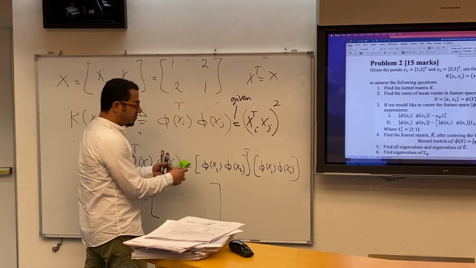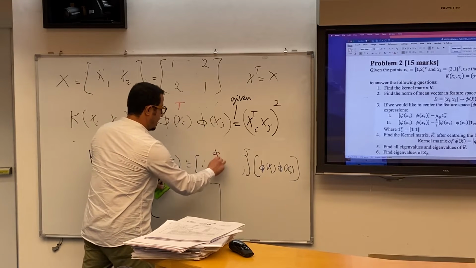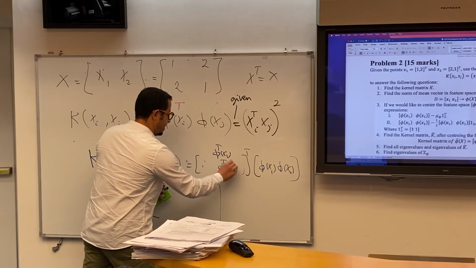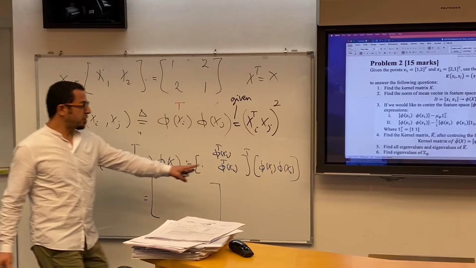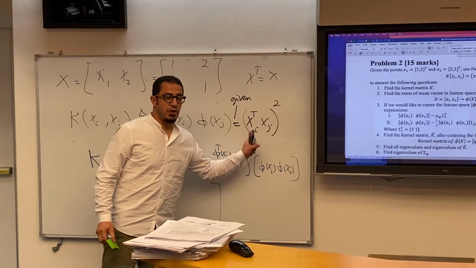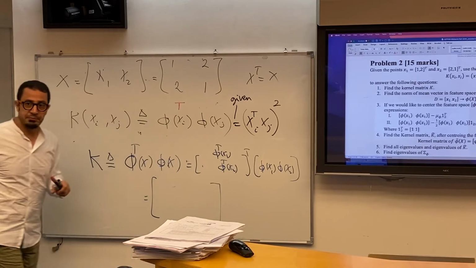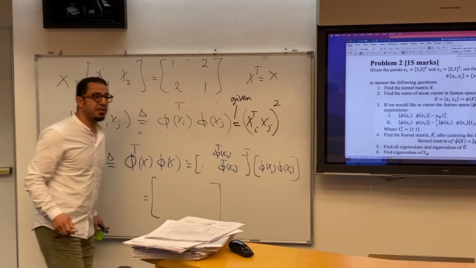Can I change this one to something like this to make it simple? Phi of x1 transpose, phi of x2 transpose. Same thing, right? Yes, because if you do the transpose of this one, the column becomes a row. That's all. Okay, let's do the product here. First one, then the second one. What is it?